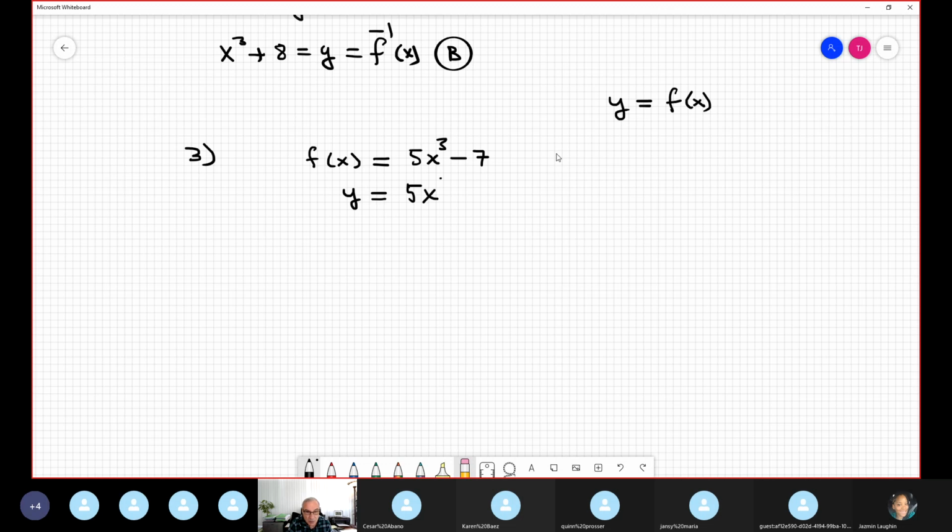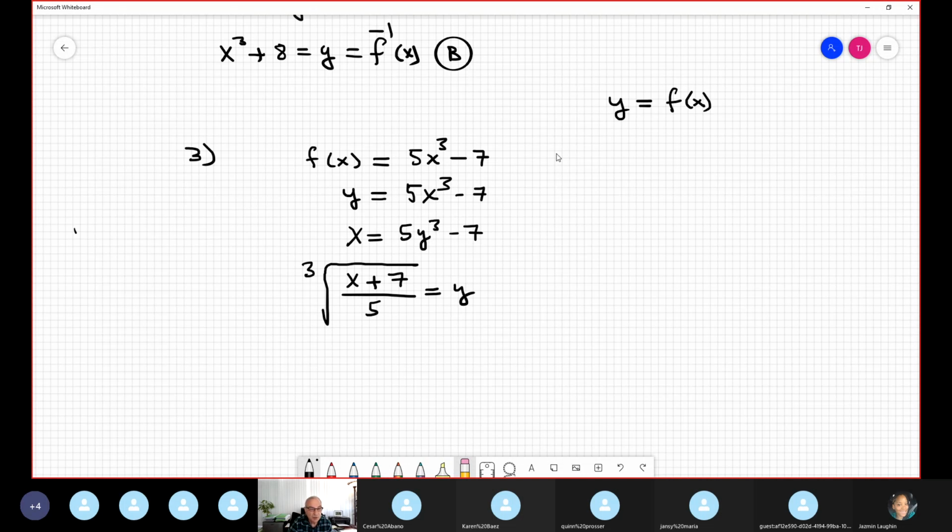Now this is a crucial moment in which you interchange x and y. x equals 5y cubed minus 7. Now the only thing you should do is isolate the y. I add 7, divide by 5, and take the cubic root. Am I going too fast or okay?